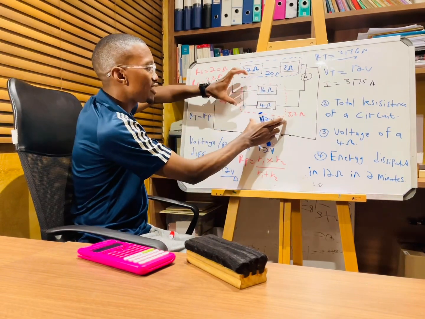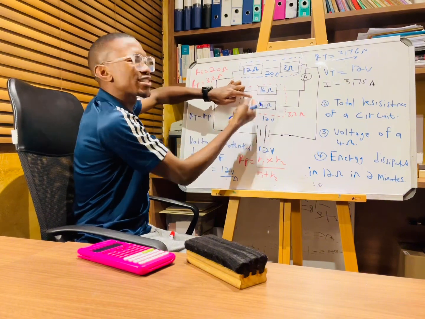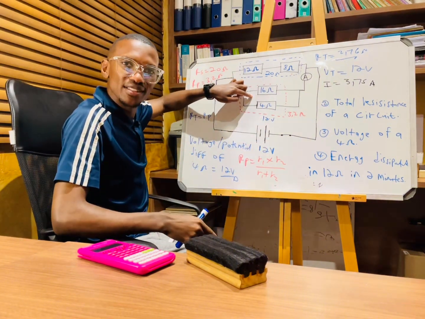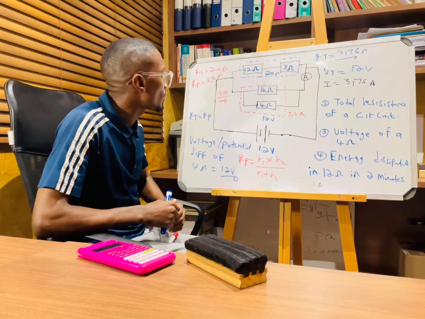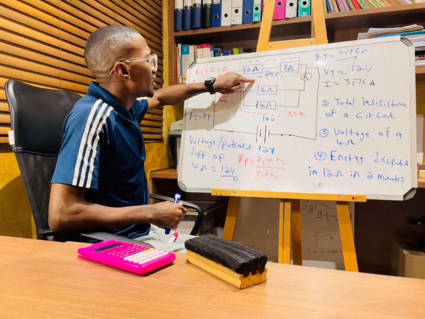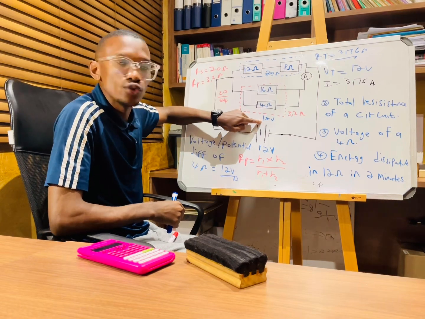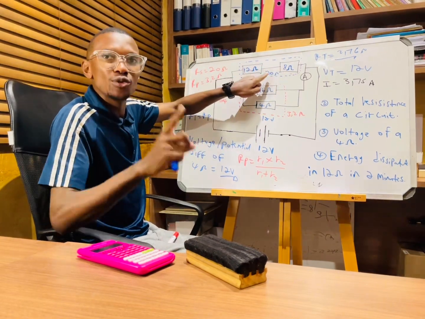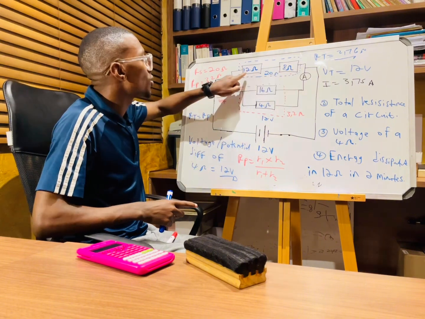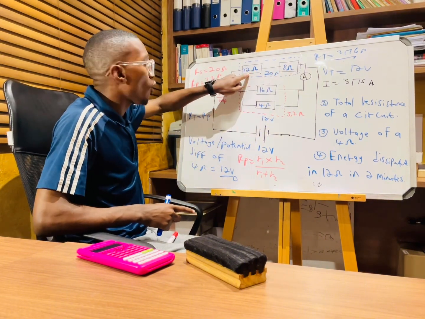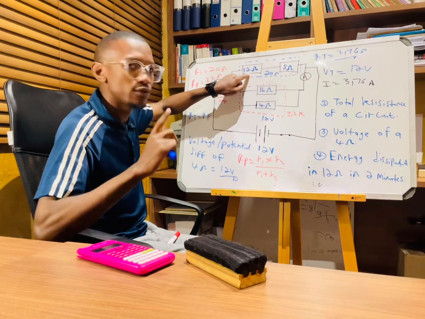And since the voltage here is 12 volts and these two are still connected in parallel, they will still share the same voltage, but not the current. This one, can they share the same 12 volts? No, they are in series. And we know that series don't share the voltage, they share only the current. So 8 ohm and 12 ohm will only share the same current, not the voltage.